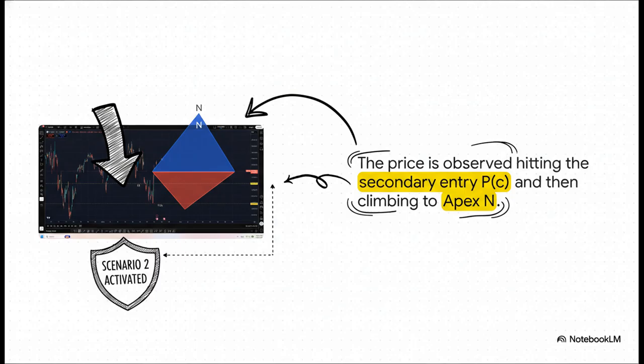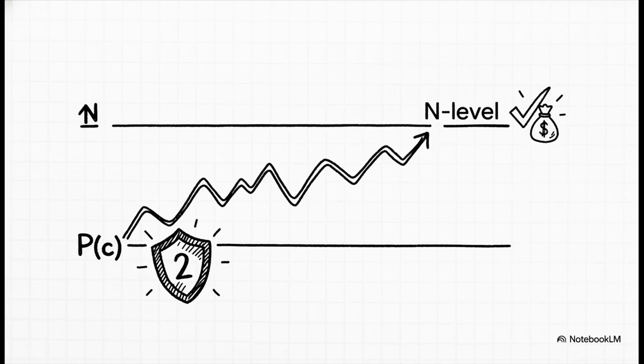From that point, the price began to climb up toward that apex labeled End. So just to recap this phase, the price action triggered that secondary entry point. It then climbed up to the end level at 25,601. This officially confirmed that Scenario 2 was in play, and, just as the plan dictated, a portion of the position was closed at this designated safe exit.